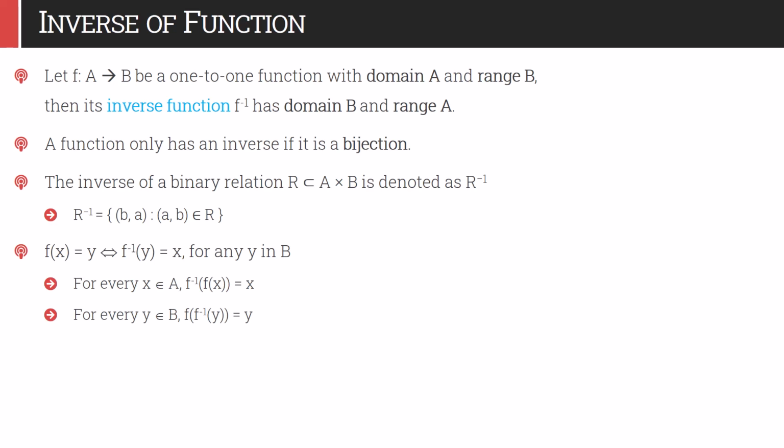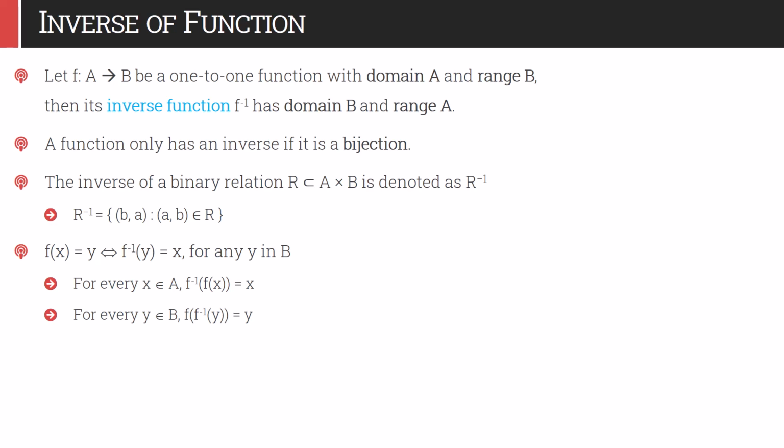If the function f of x is equal to y is given, then for its inverse we can write f inverse of y is equal to x for any y in B. So for every x belonging to A, f inverse of f of x is equal to x, and for every y belonging to B, f of f inverse of y is y. So originally the function is defined as f of x is equal to y.